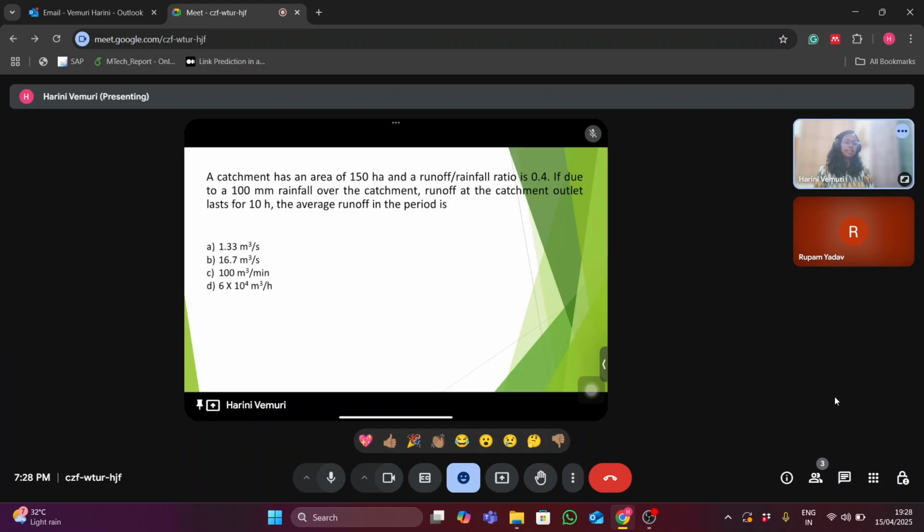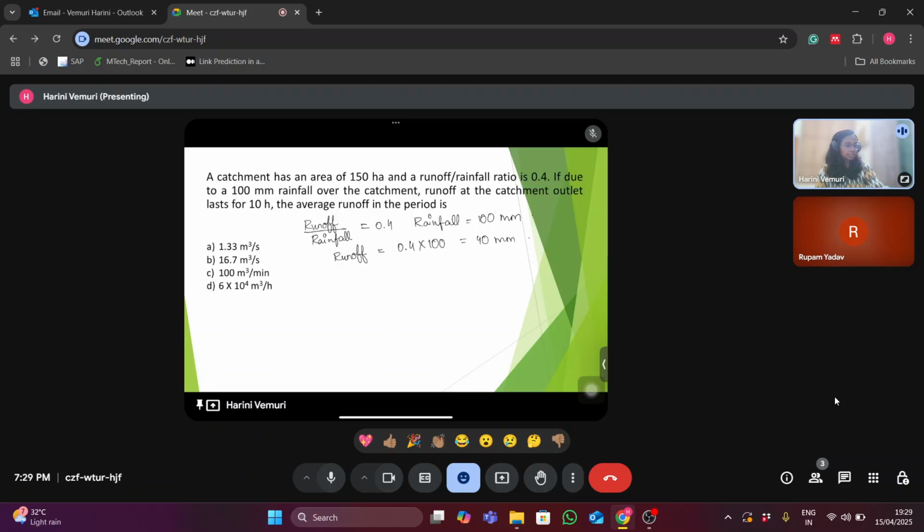So the next question is, a catchment has an area of 150 hectares and the runoff rainfall ratio is 0.4. Due to a 100 mm rainfall over the catchment, runoff at the catchment outlet lasts for 10 hours. The average runoff rate is. So here, the runoff by rainfall is 0.4 and the rainfall value they have given is 100 mm. So therefore runoff is equal to 0.4 into 100, that is 40 mm.